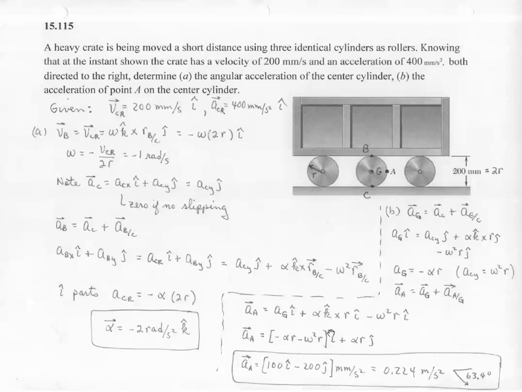Then you're going to have a sub G, which is minus alpha r, and then a minus omega squared r. When you combine these together, you'll find that the x component of a is 100 millimeters per second squared, and the y part is negative 200 millimeters per second squared, giving you a net of 0.224 meters per second squared at 63.4 degrees below the positive x-axis.